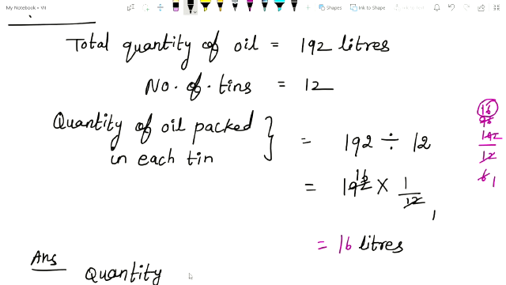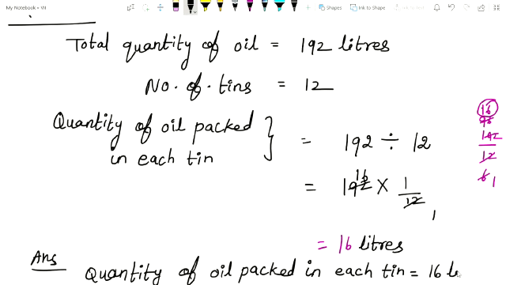Quantity of oil packed in each tin equal to 16 liters.